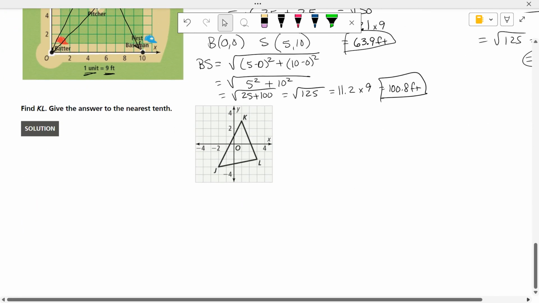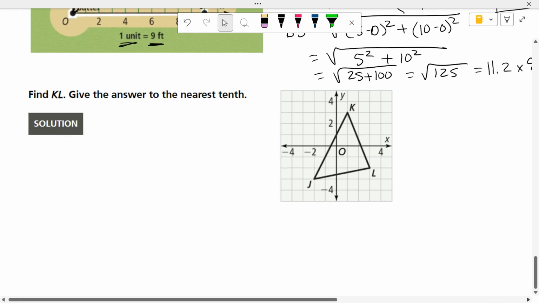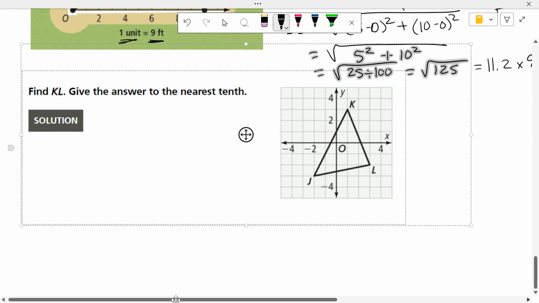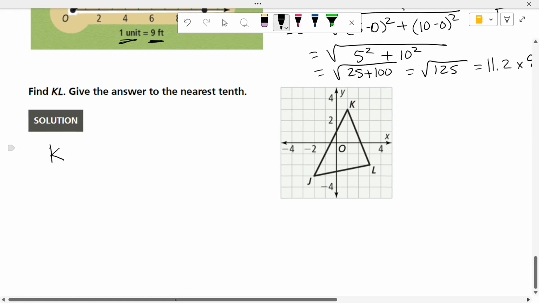Let's do the distance formula one more time. Let's find the distance from K to L. What's the ordered pair for K? What's the ordered pair for K, Reese? 1, 3.